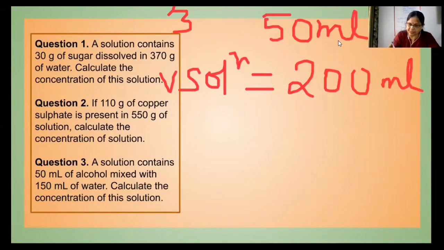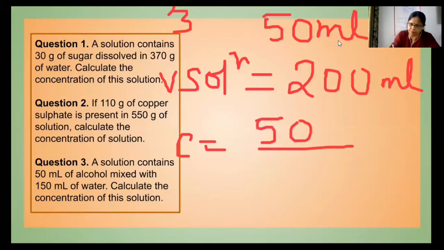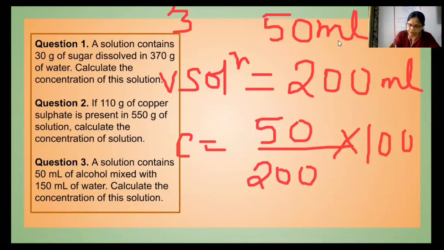Now let's put it in the formula. Concentration equals 50 upon 200 multiplied by 100. What is the answer? It is 25%.